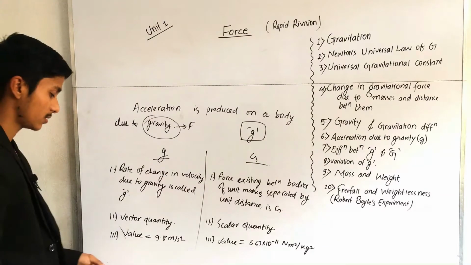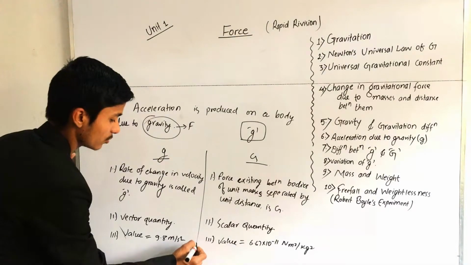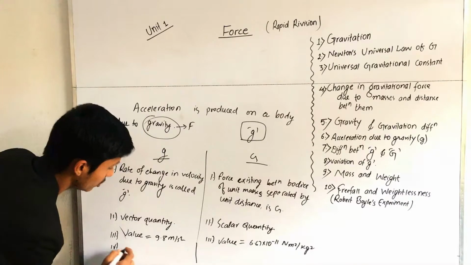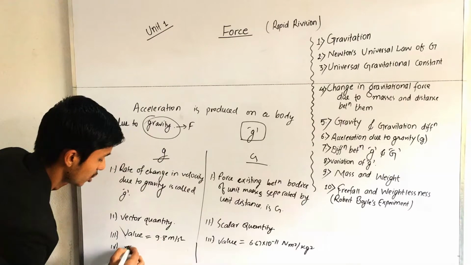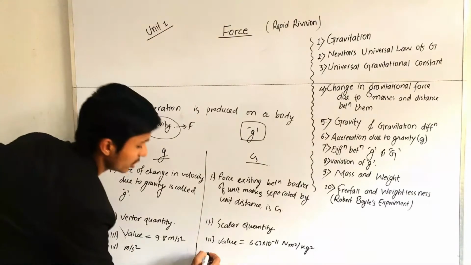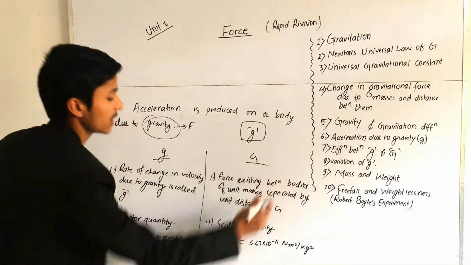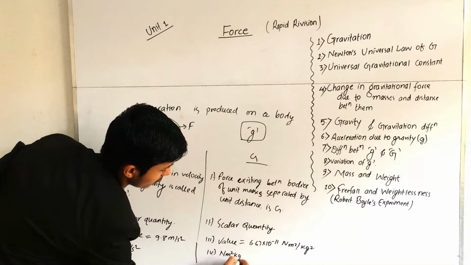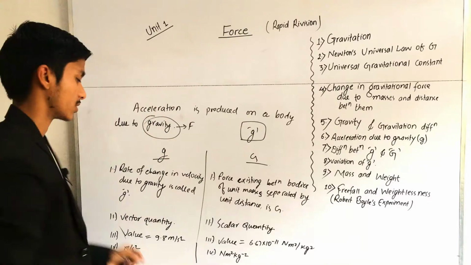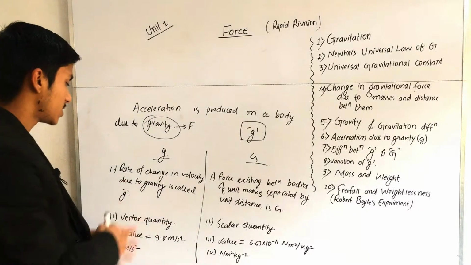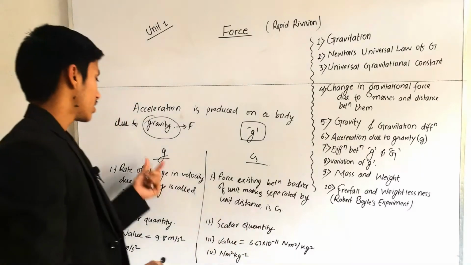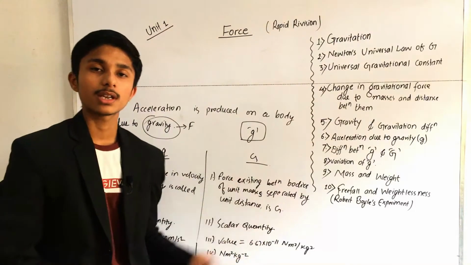And in the next point we can write its unit. The unit of acceleration due to gravity is meter per second square, and the unit of universal gravitational constant is Newton meter square per kg square. These are all the differences between small g and capital G, that is acceleration due to gravity and universal gravitational constant.